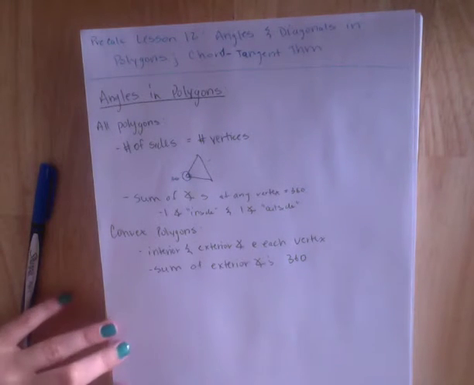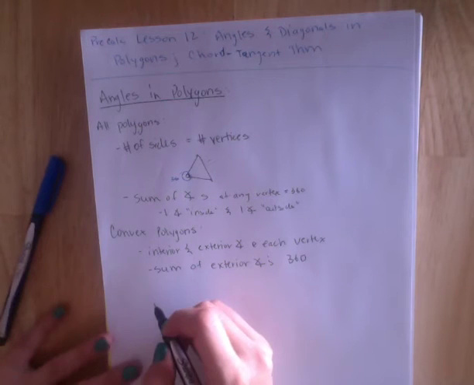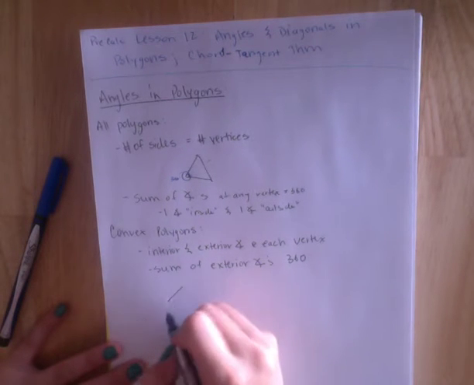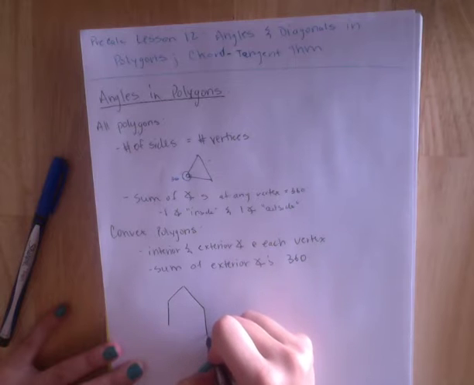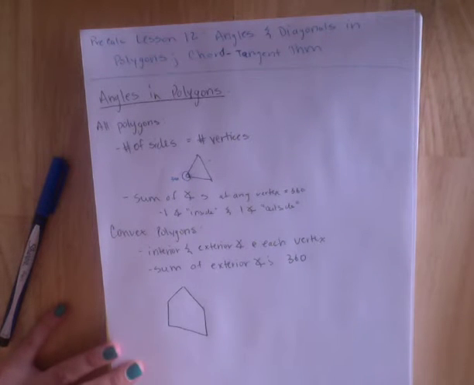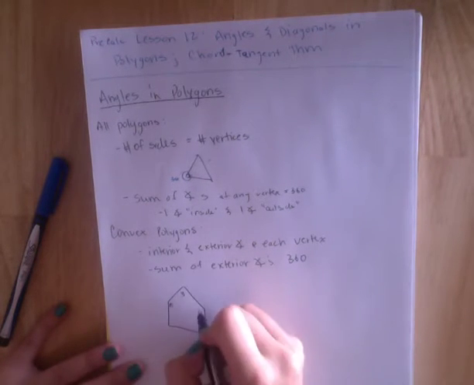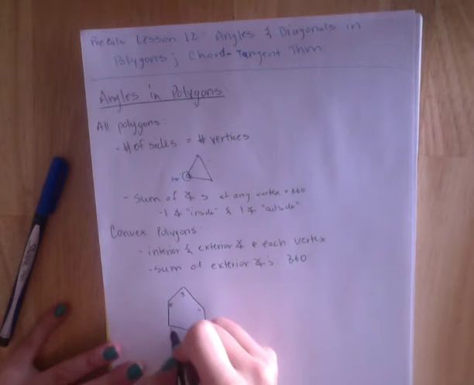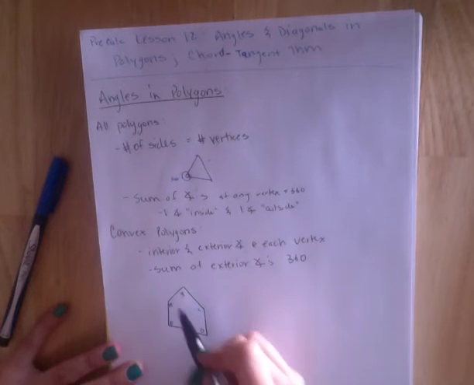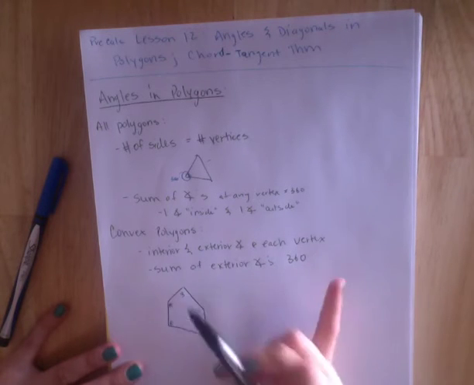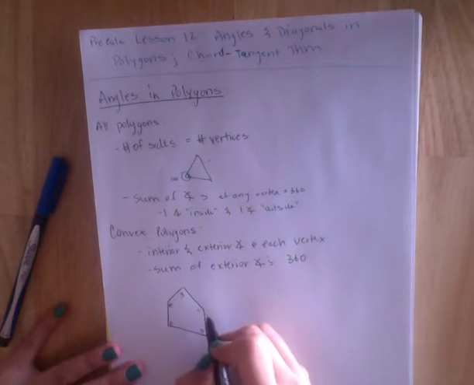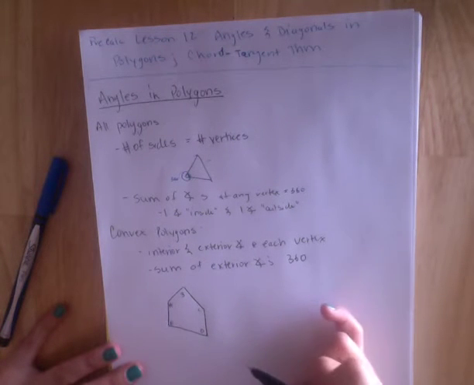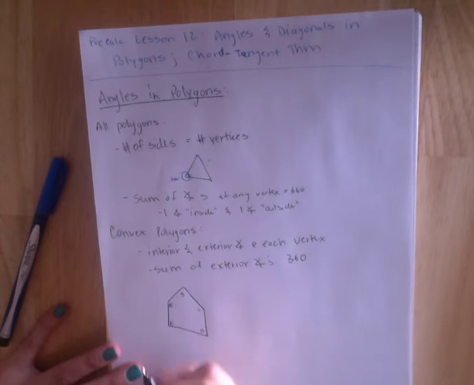Okay, so an example of a convex polygon is this right here. Okay, and we could say B, C, D, E. It's still a polygon because the number of sides equals the number of vertices. Okay, and we know that at each angle we have both an inside and outside angle.